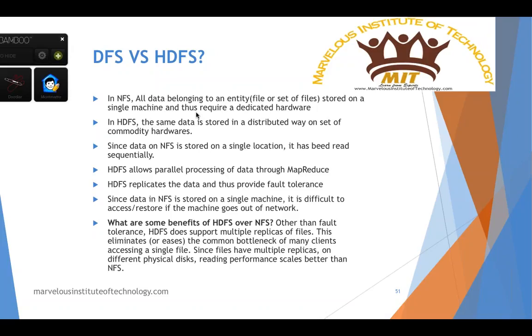It matters when processing the data, for the seek time and the data transfer rate. In a network file system, all the data belongs to one machine. Let's take complete stock or complete employee data; it will be on one machine only, and there is no parallel processing here. But in HDFS, to store or to process the data, we can do it in parallel.